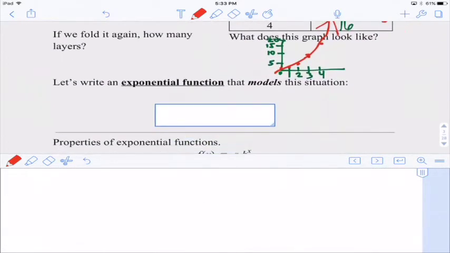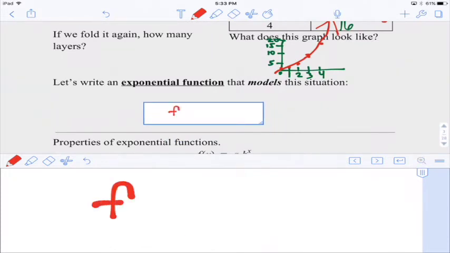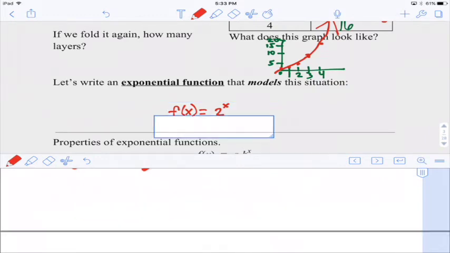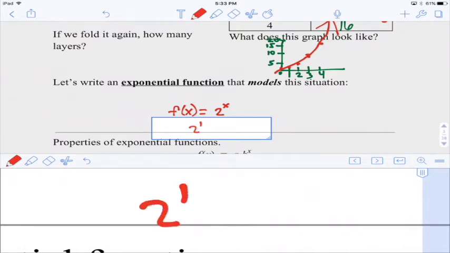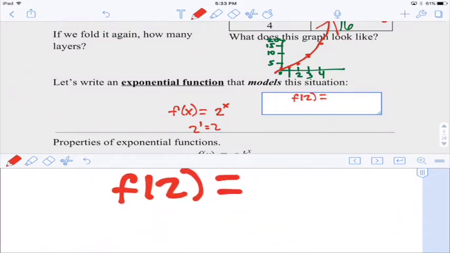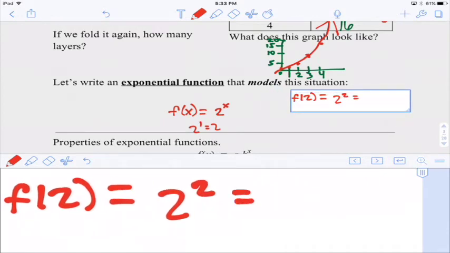So a function that's going to model this, f of x, is 2 to the x power. Remember, if we had 1 fold, that's 2 to the first. If we had 2 folds, 2 squared, which is 2 times 2, 4.